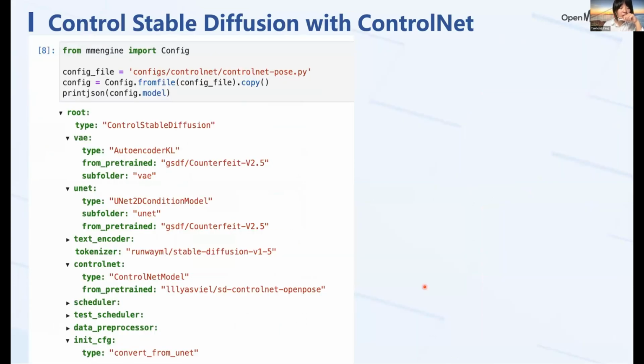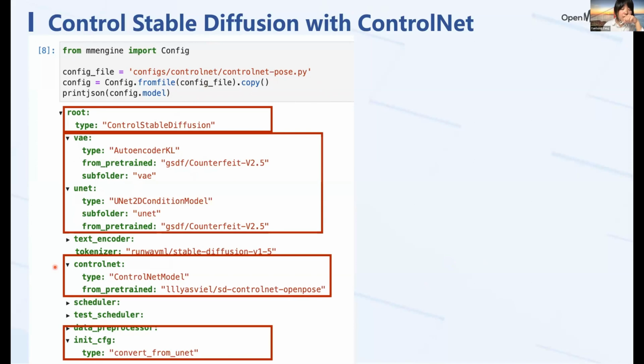Here comes the example. We provide a classical default ControlNet configuration file in our projects. So here we load the configuration file of ControlNet, and we can see that it follows the overall architecture of the original stable diffusion. Here VAE, UNet, text encoder, and here we just add a set of settings for ControlNet.